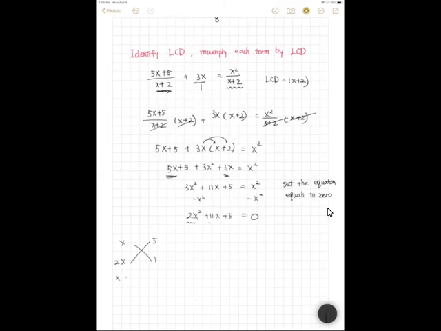So x plus 10x, which equals 11x. So this is one of the factors, this is the other factor. So I have (x plus 5) times (2x plus 1) equals 0. So x equals negative 5 or 2x plus 1 equals 0, which gives x equals negative 1/2.